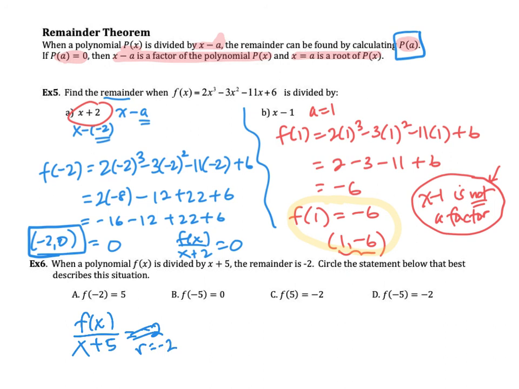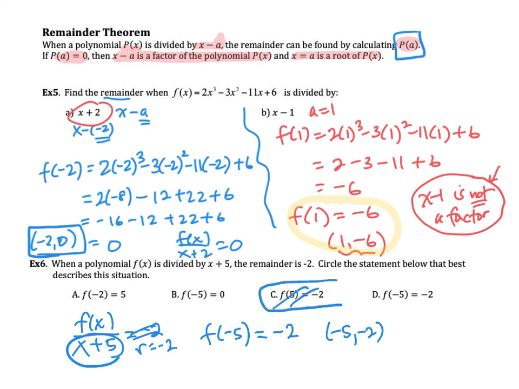Circle the statement below that best describes the situation. Well, if I'm dividing by x plus 5, that means I would be using the remainder theorem. It would be f of negative 5. And if I plug in negative 5 into the function, I would get negative 2 as a result. So that means the point negative 5, negative 2 would be on this graph. And what represents that would be letter D.